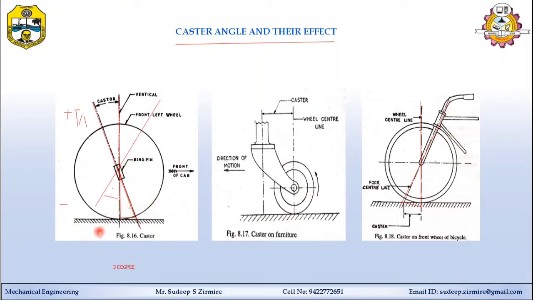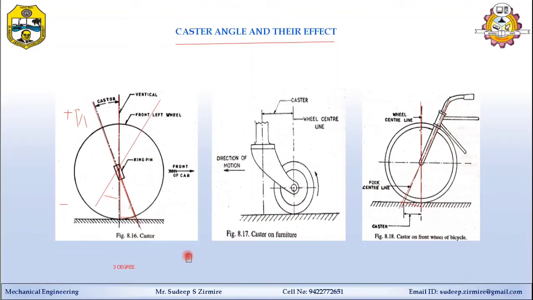The wheel follows the KPI of the positive caster. Steering effort is more in that case, but it provides good stability to the vehicle. In the case of negative caster, steering would be unstable.